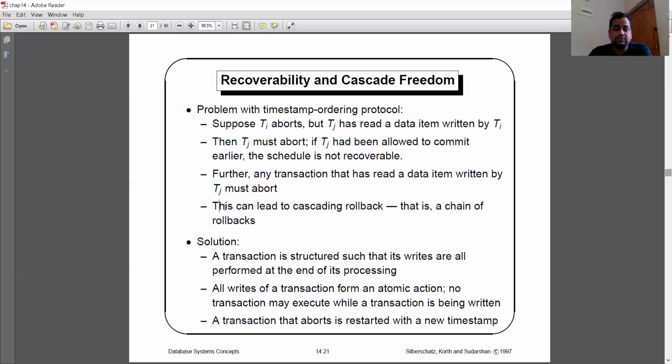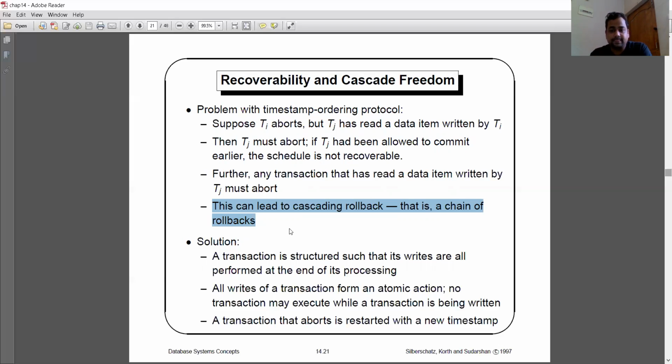Hence, by this principle, this is called a cascading rollback, or a chain of rollback. Now it is clear what a cascading rollback is. It is based on the layers of dependency of one transaction on another. If the first one aborts, we have to abort the second one, then the third one, then the fourth one, wherever there is a dependency on those data items among the transactions.